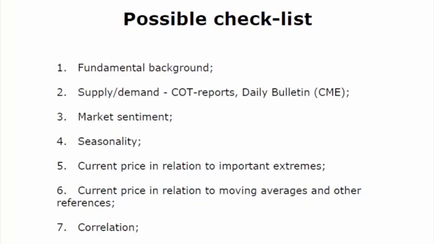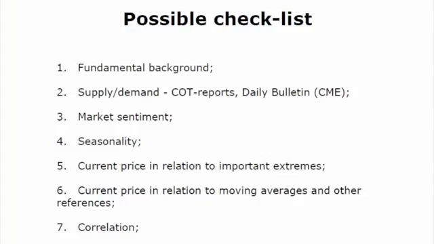And number 6 is a relationship between price and other reference points like moving averages or any other levels that you can monitor, and the moving average is the first that comes to mind.